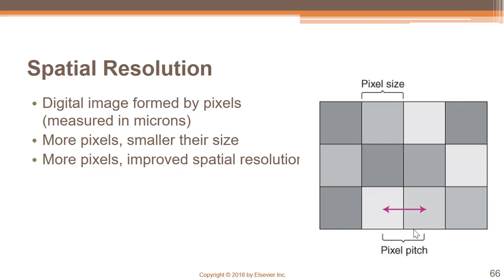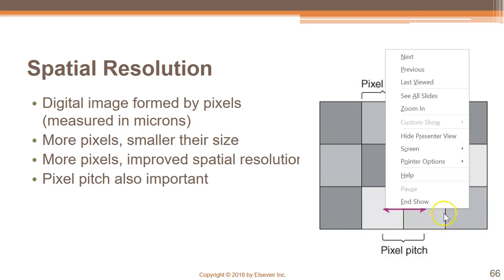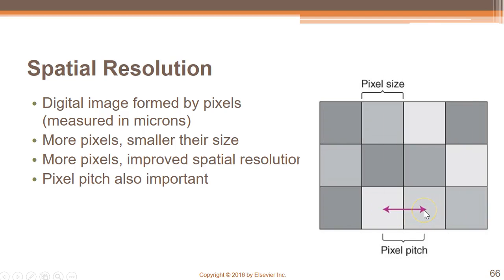In addition to its size, the pixel spacing or distance measured from the center of a pixel to an adjacent pixel is the pixel pitch. So here's the center of one pixel, and then there's the center of the other pixel, and that's the pixel pitch. Different types of digital imaging receptors use varying methods of transforming the continuous exit radiation intensities into the discrete pixels for image display.